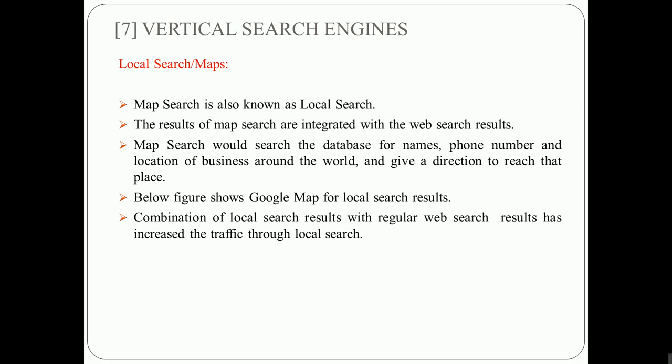This map search result is integrated with the web search. Map search would search the database for names, phone numbers, and locations of businesses around the world, and give directions to reach that place.